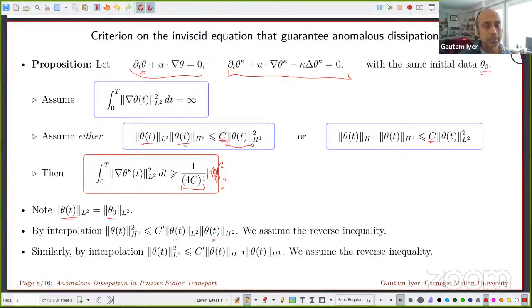I've assumed the opposite. Same thing for this one: by interpolation, L2 squared is bounded above by H minus 1 times H1. I've assumed the opposite.